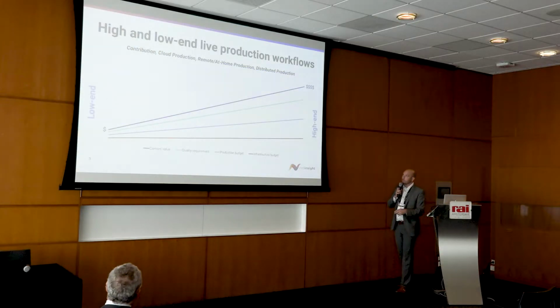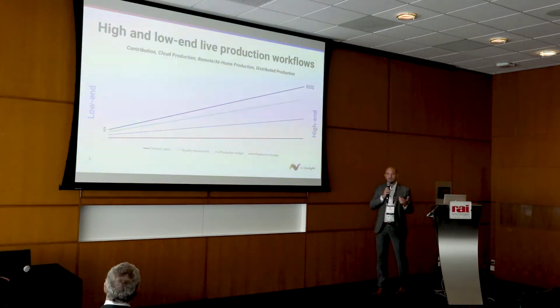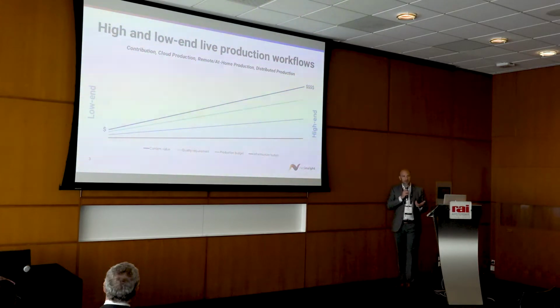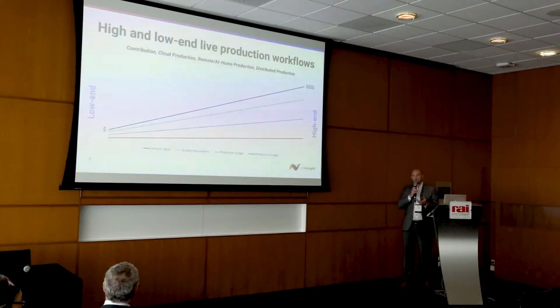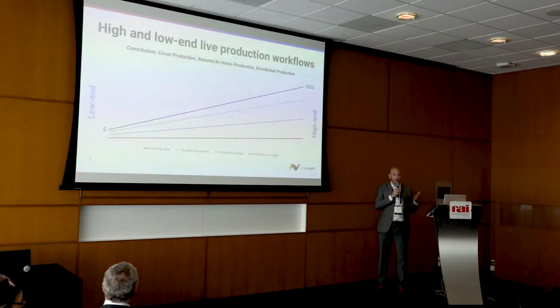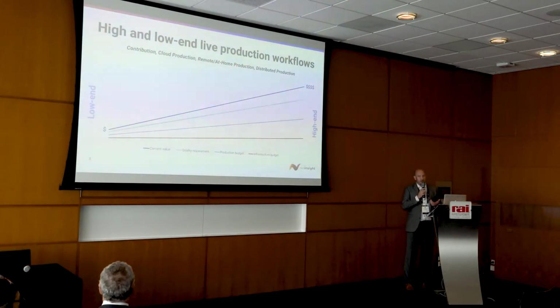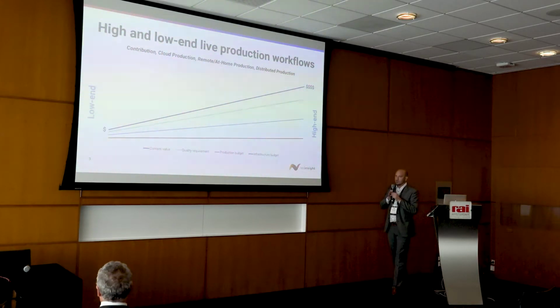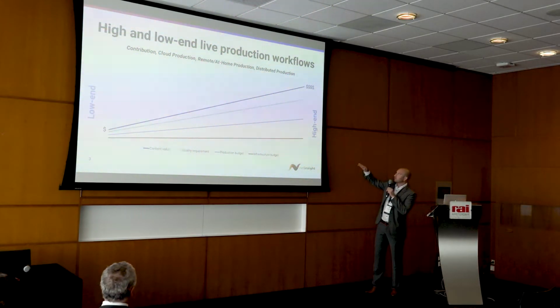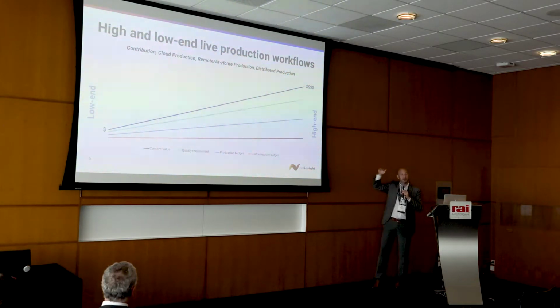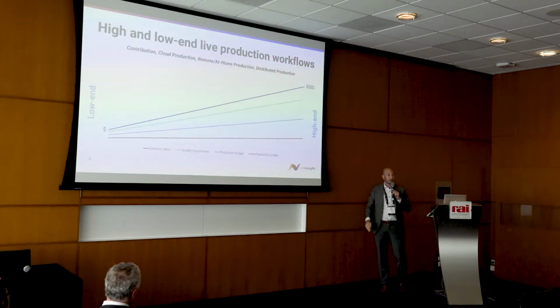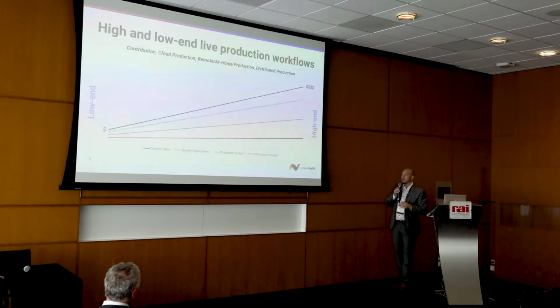So if we start by looking at the difference in workflows, when we look at all the workflows that we support for media, what we're trying to illustrate here is that there's a connection between the content value, the quality you want, the production budget, and subsequently the infrastructure budget, right?